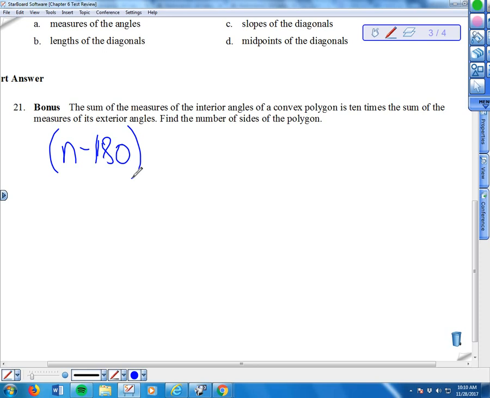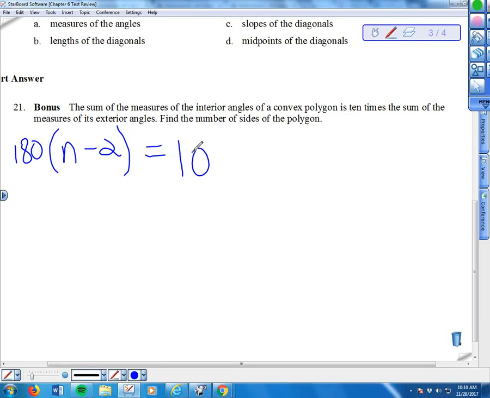Well, how do I find the sum of the angles in a polygon? n minus 2 times 180. That's what I meant. There we go. 10 times 360 is 10 times the sum of the measures of its exterior angles.